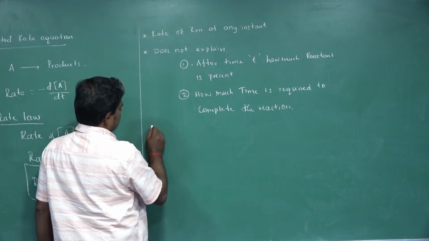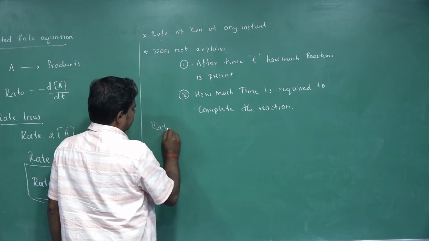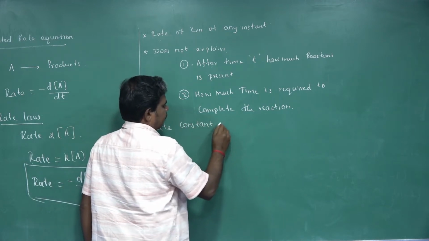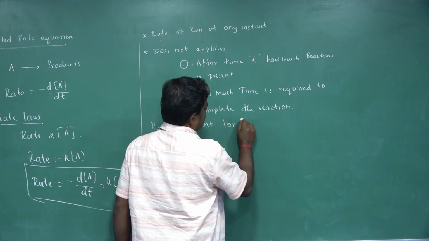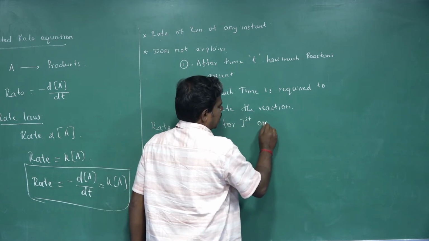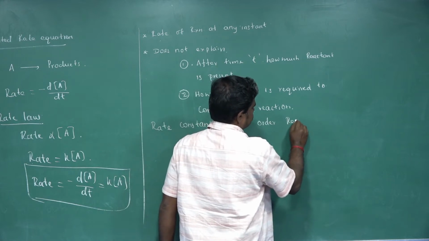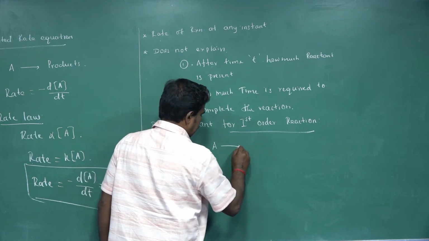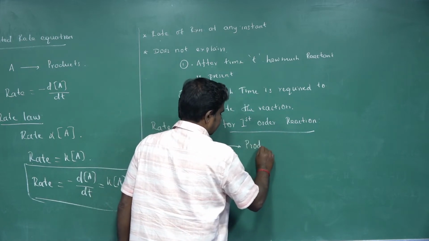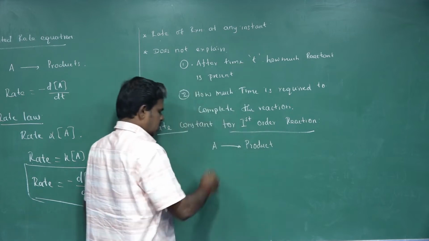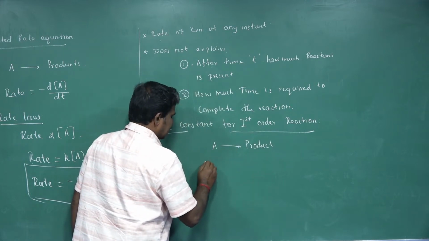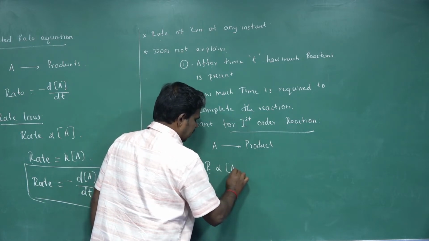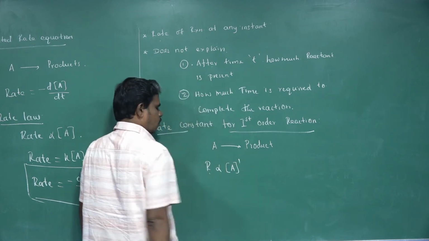Now we take the rate constant for a first order reaction. A gives the product. Here, rate is directly proportional to the concentration of A to the power 1.